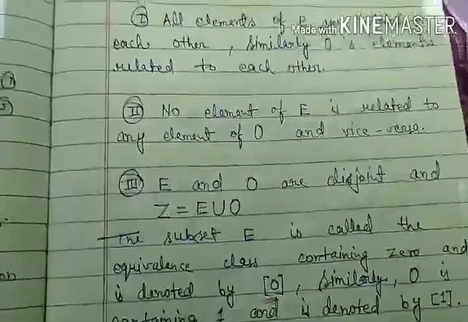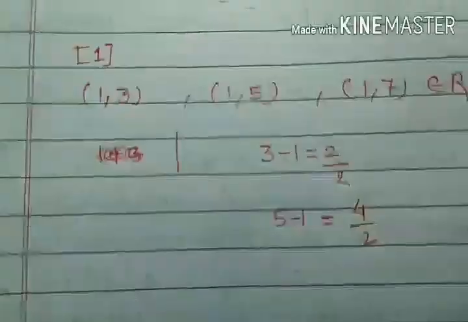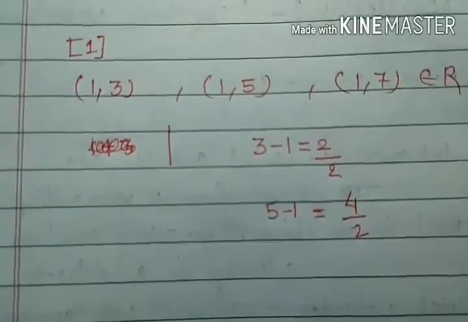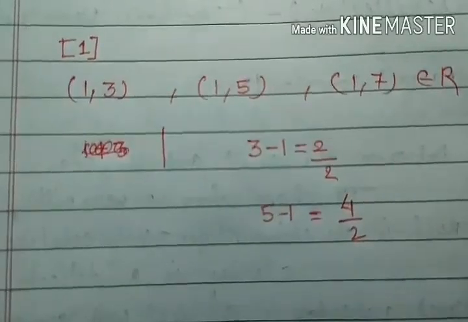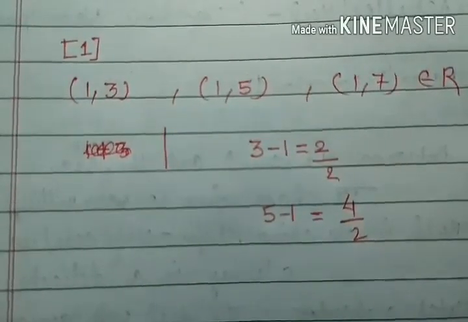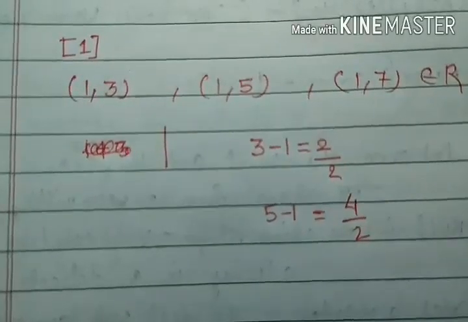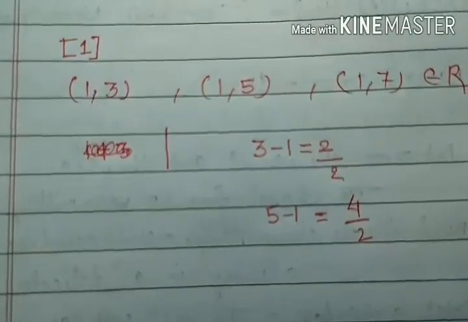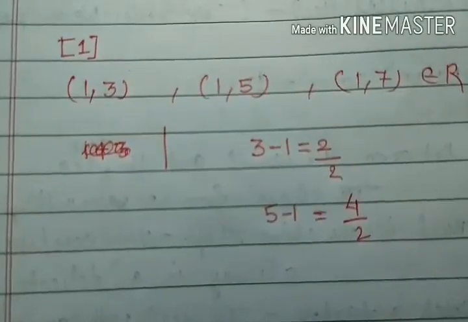Similarly, this happens for 1. According to the concept we have studied above, 1 will be related to 3, 1 can be related to 5, 1 can be related to 7. And why is it related to these odd numbers?